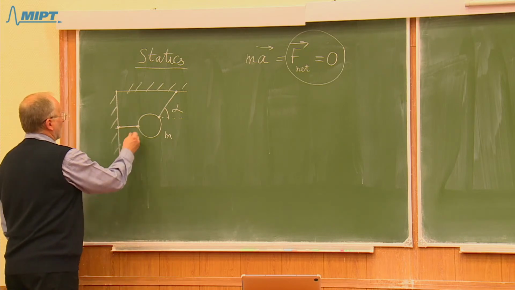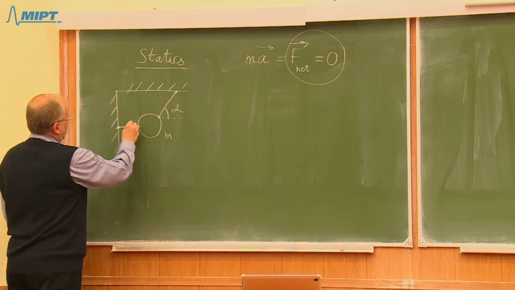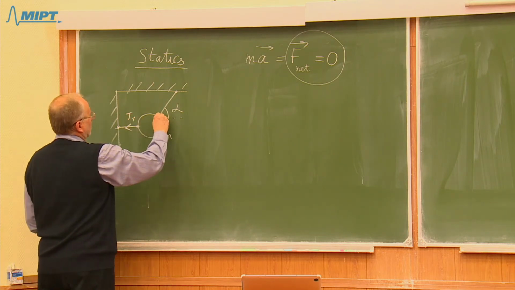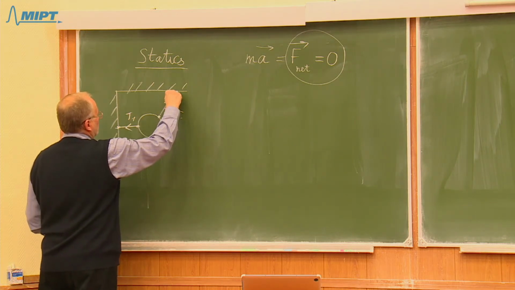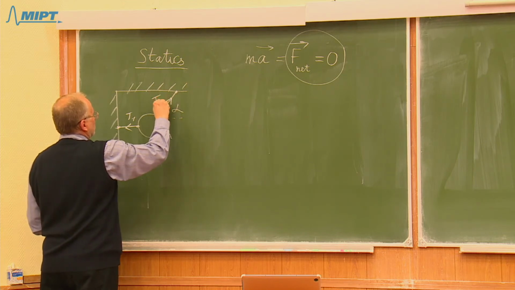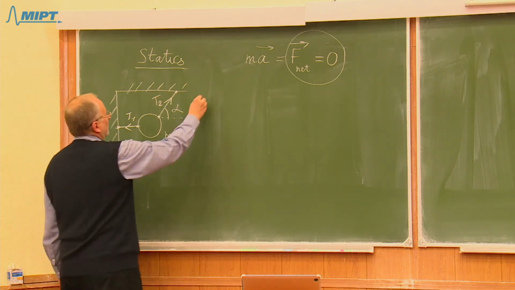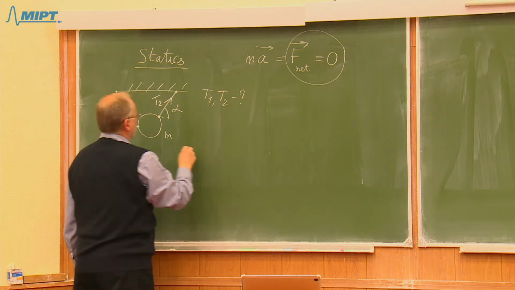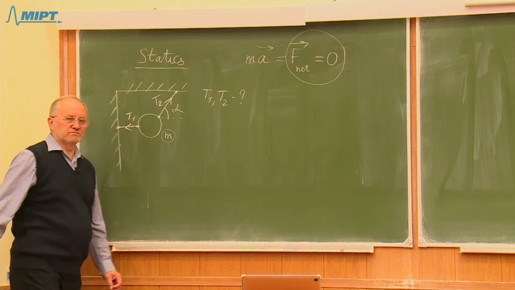So this string has a tension force, let it be T1, and this string pulls in this direction with tension force T2, and we have to find this T1 and T2 if the mass of the body is known.